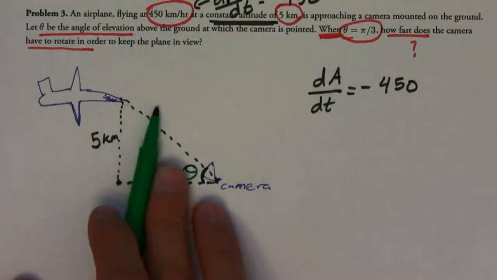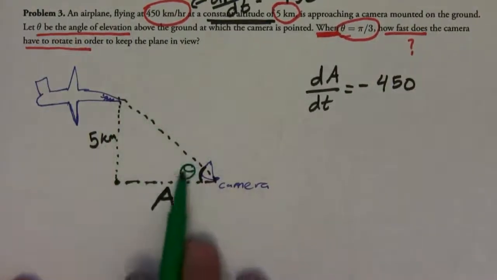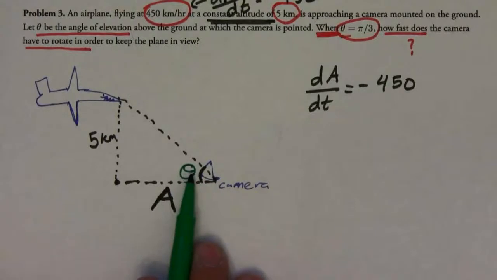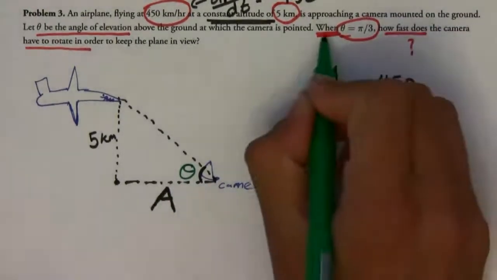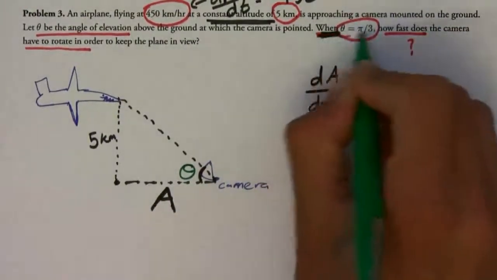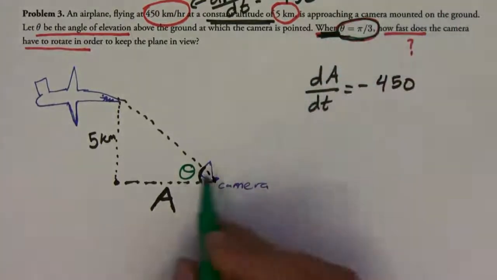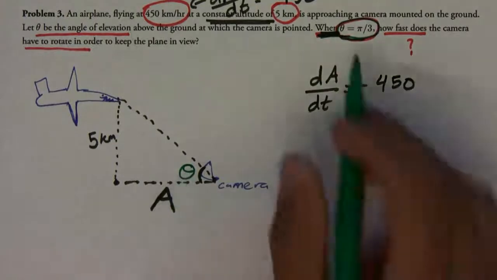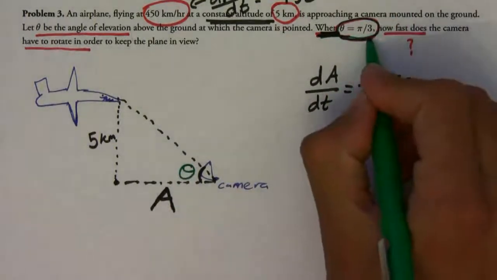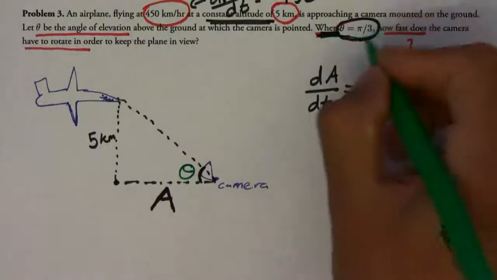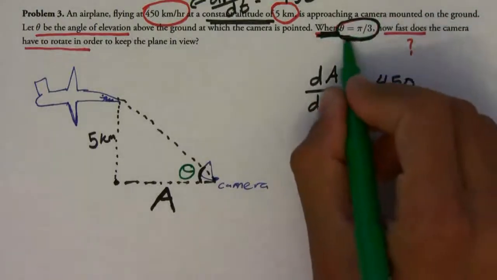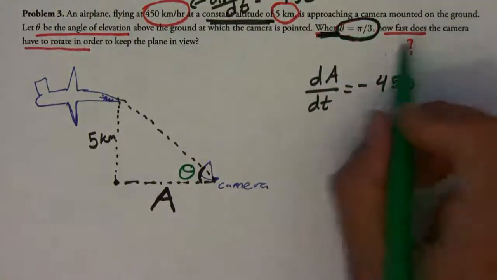As the plane moves closer to the camera, this angle is going to get bigger and bigger. Now remember this key word when, this value, theta equals pi over 3, we don't just say that theta is going to equal pi over 3. This is a particular point in time when we're evaluating, and this we only find in the very end.